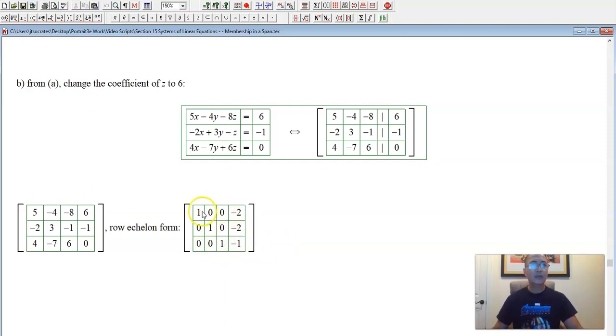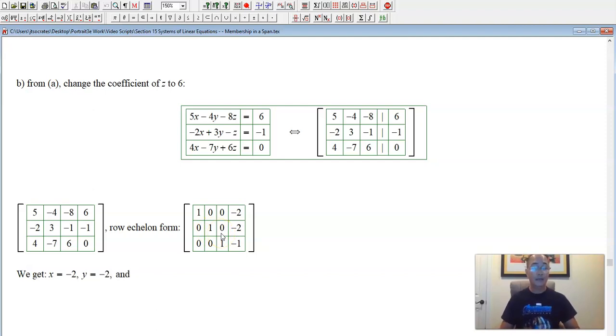Okay, so do these 3 rows all make sense? Well, we have 1 times x, no y, no z, equals negative 2. x equals negative 2. And in the second equation, we have no x, y, no z. So y equals negative 2.